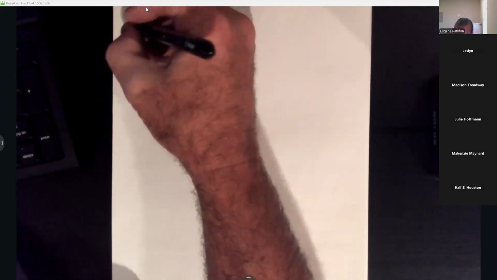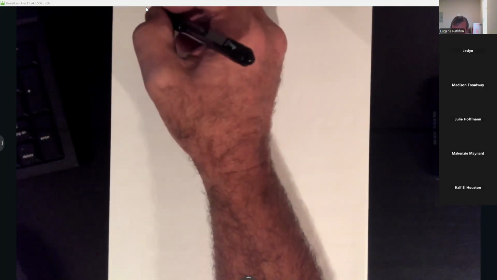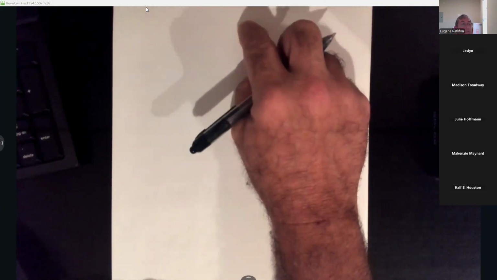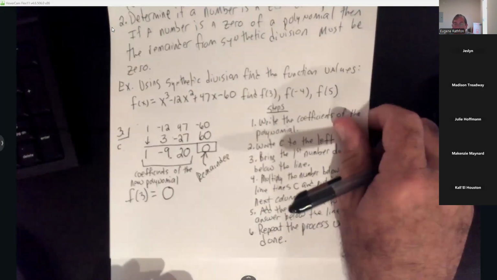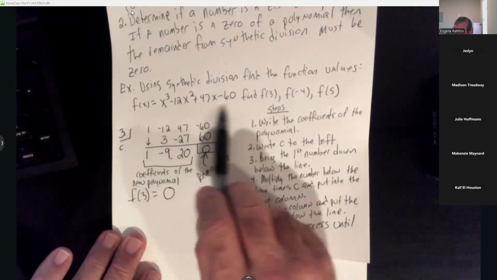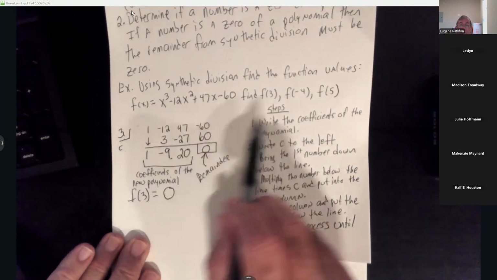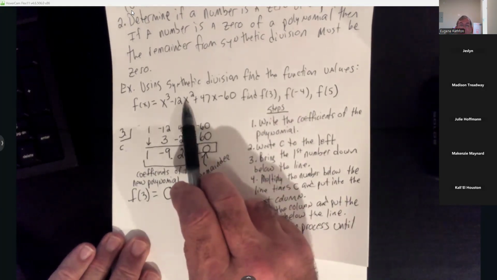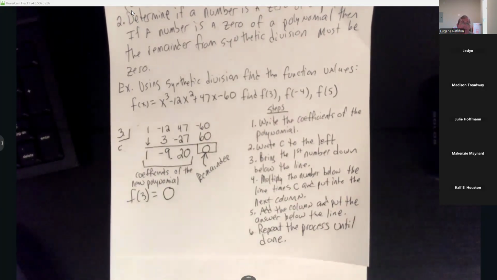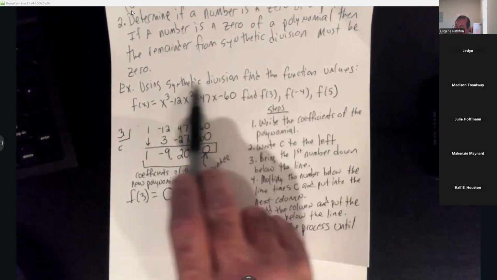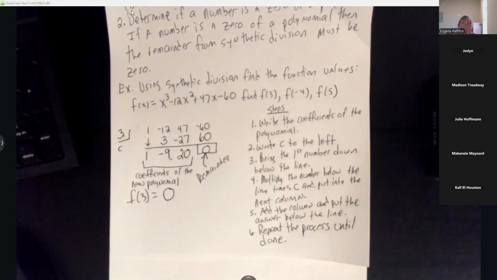So we're going to start with f of negative 4. So I'm going to use the same coefficients as I used here because I'm still finding the function value of putting a negative 4 into this polynomial, okay? Each one of these problems, I will always use these same coefficients. All right, y'all, so here we go.